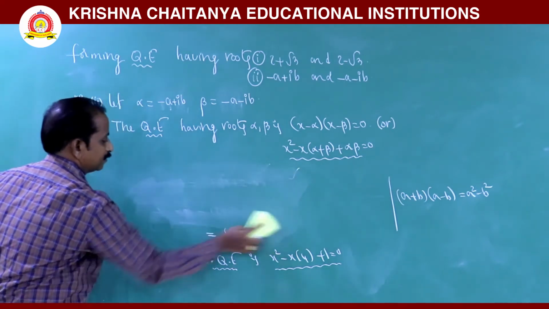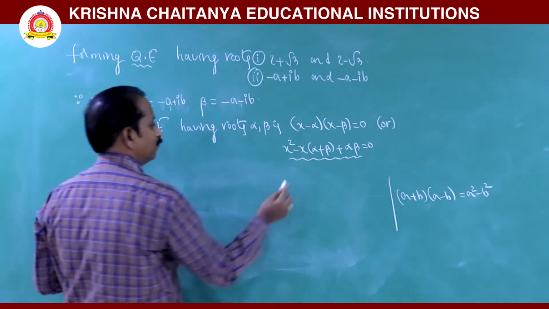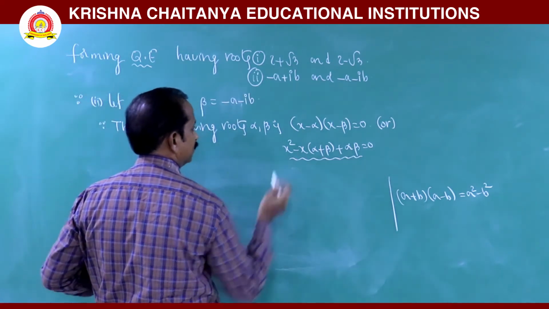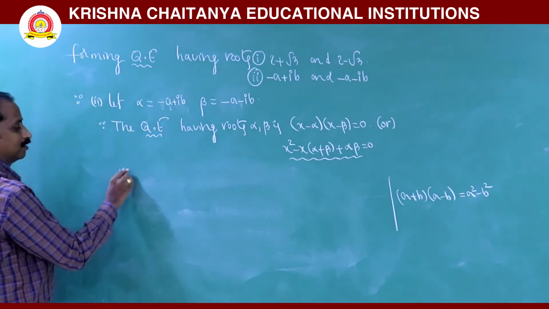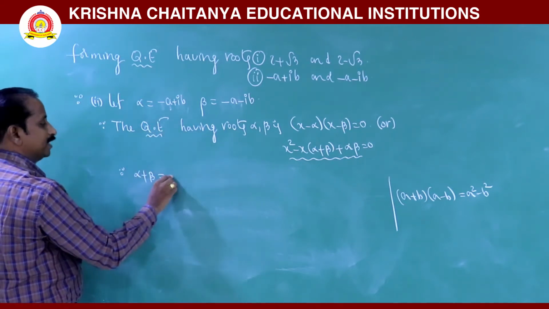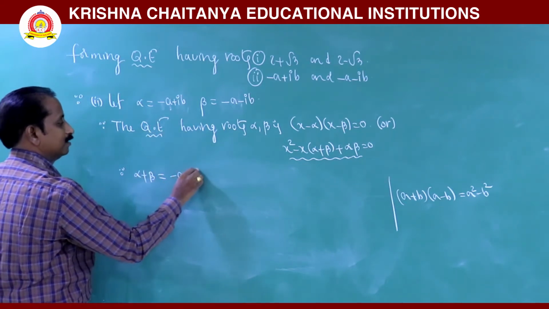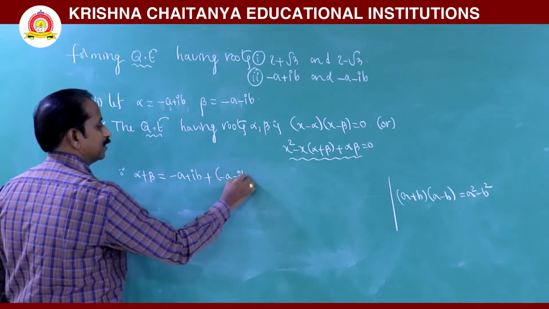So, to get the solution of the required problem, we want the sum of the roots and the product of the roots. The sum of the roots is nothing but alpha plus beta. Alpha plus beta means minus a plus ib plus minus a minus ib.